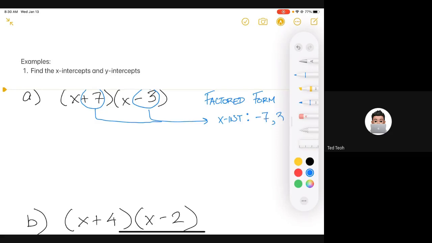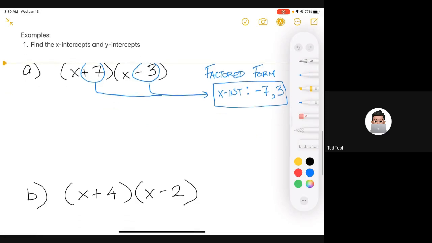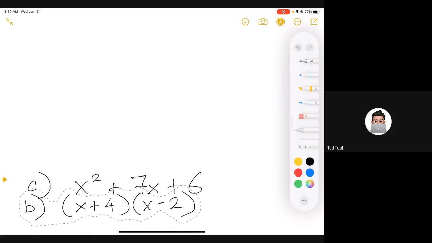Remember, it's going to be the opposite sign. So that gives me the x-intercepts. Now, how do I find the y-intercepts for these questions? Here's how we do it.